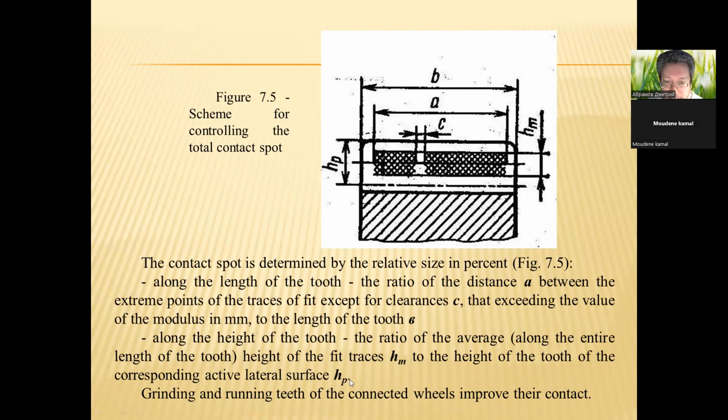The contact spot is determined by the relative size in percent.